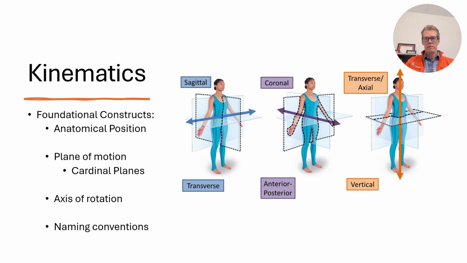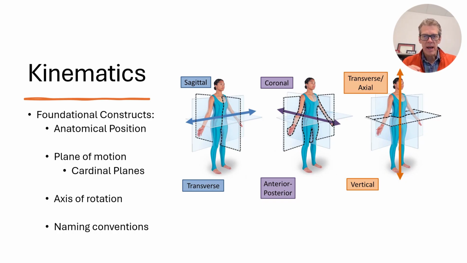We're going to move within that plane, and here again that concept of moving the plane might help us understand this. When we're flexing and extending our arm at our shoulder joint, we could move that sagittal plane out to the glenohumeral joint and think about movement occurring in that plane.